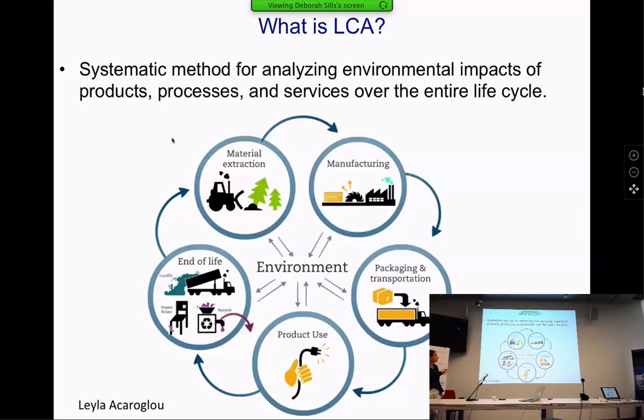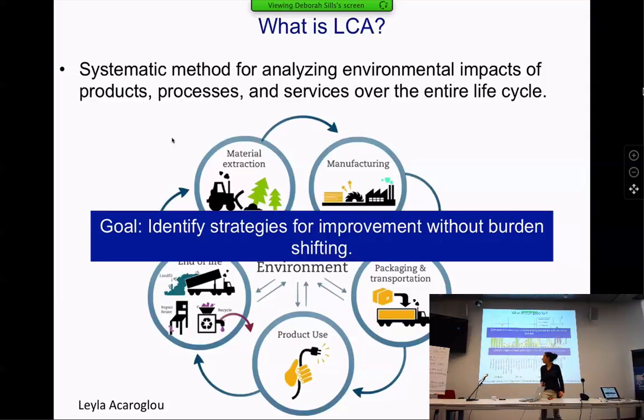A little different. Usually we talk about extraction of resources, manufacturing or production, use. Here, this is from a TED Talk. It's really actually quite good. You should Google her. She also breaks it up into transport. But usually we talk about extraction, manufacturing, use, and disposal. The four main stages of the life cycle.